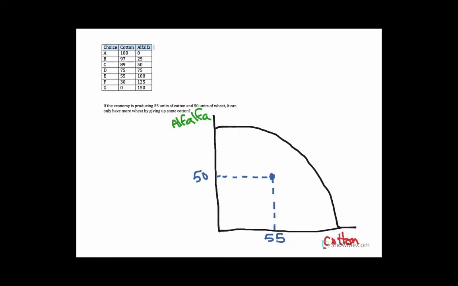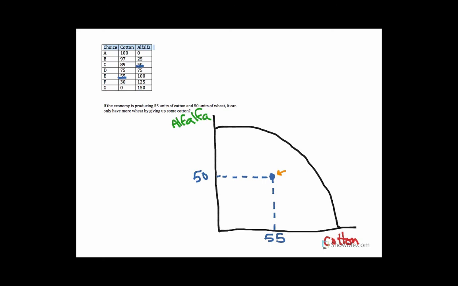Alright, so we got another true and false question. And this one is kind of tricky because when you look at it, we're at 55 right here and 50. You say, well, those are two different choices. That's not a reasonable choice, so we'd say it's false. But really, it's best seen when you draw the production possibilities curve, and then you realize you're at a point inside the production possibilities curve. So right now, we can see with this point here, we're inside the production possibilities curve, so we can expand without giving up.